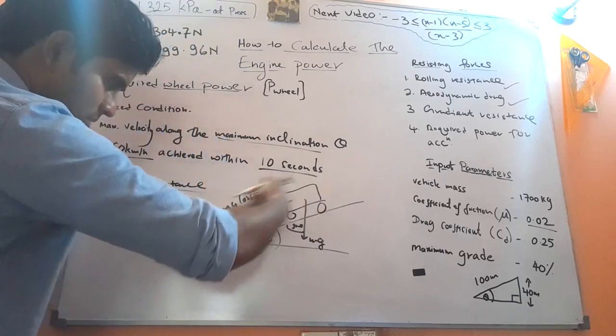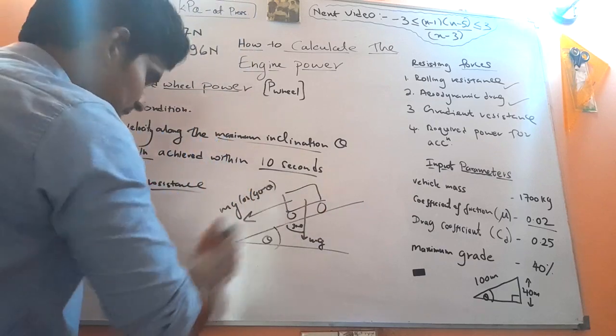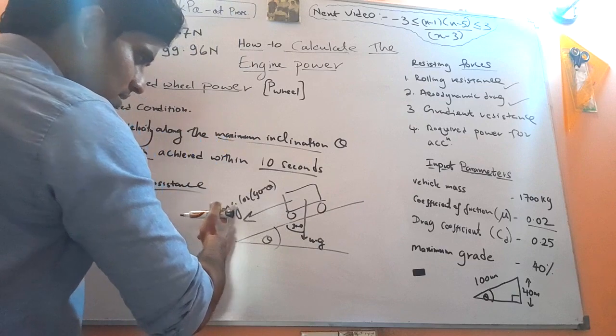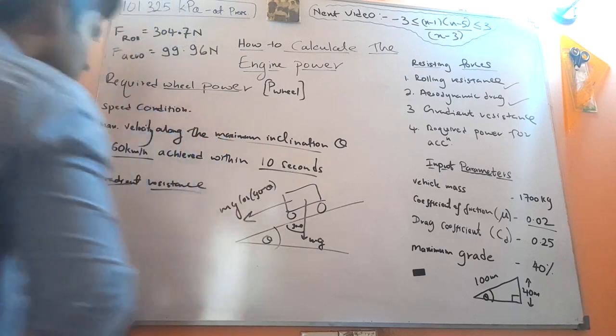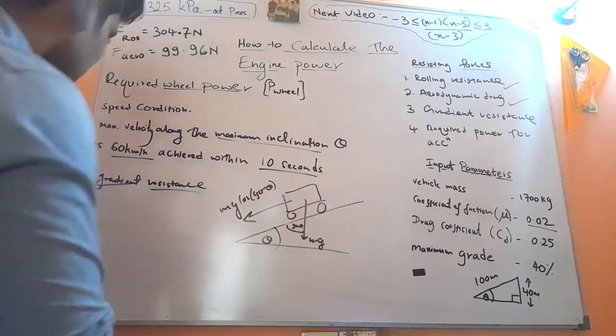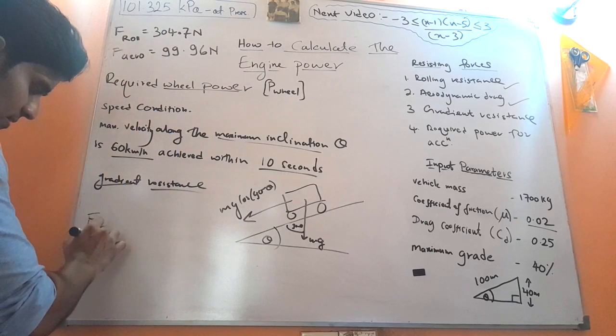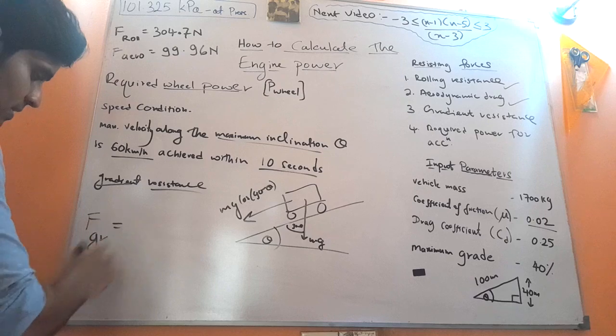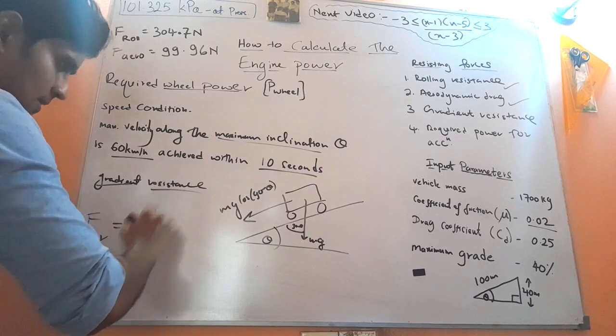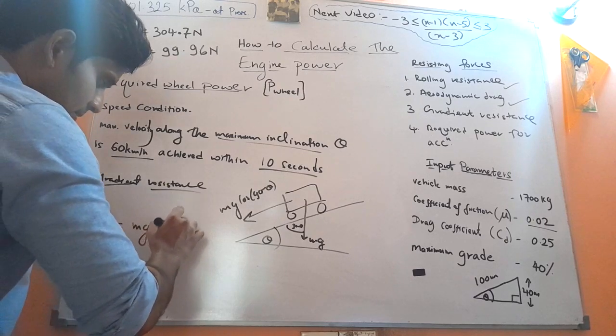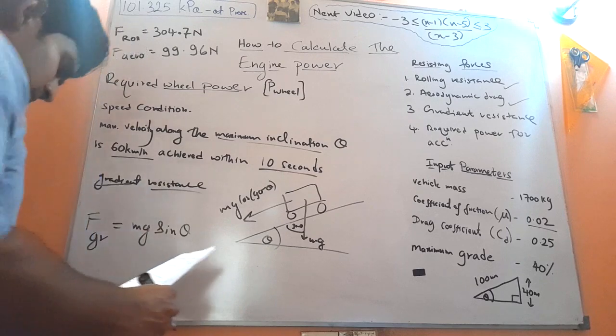So the force along this direction due to the weight is mg sin theta. So what is the gradient resistance force? Let's call it FGR, gradient resistive force, mg sin theta, right? Very easy.